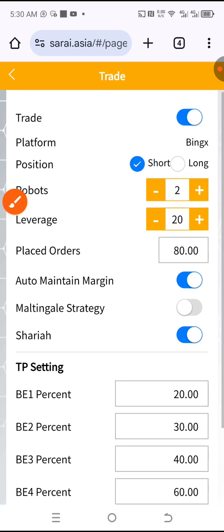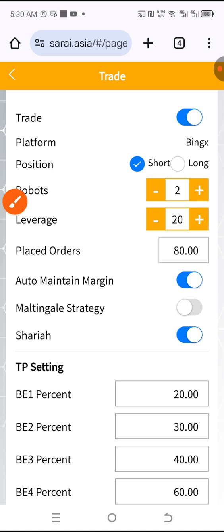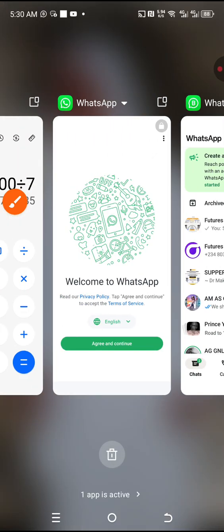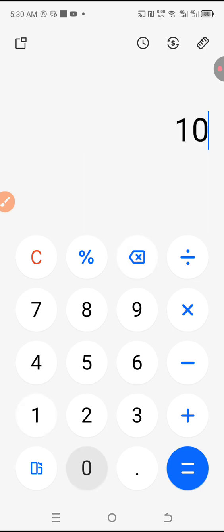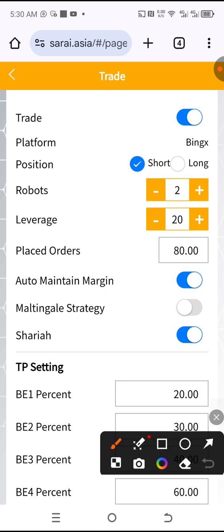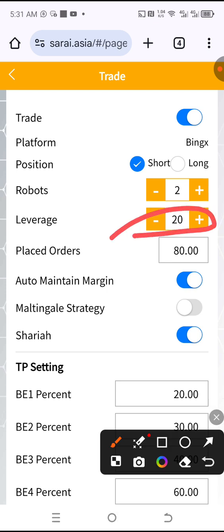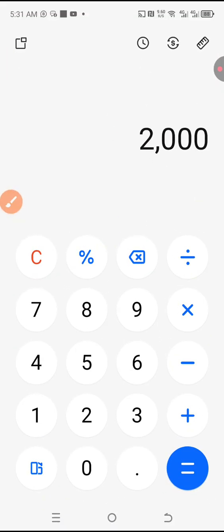Then you want to look into your place order also. I think we already know the formula for this, but let's try again. Assuming you're trading $100, then $100 times the leverage, the trading capital times leverage, equals this amount.